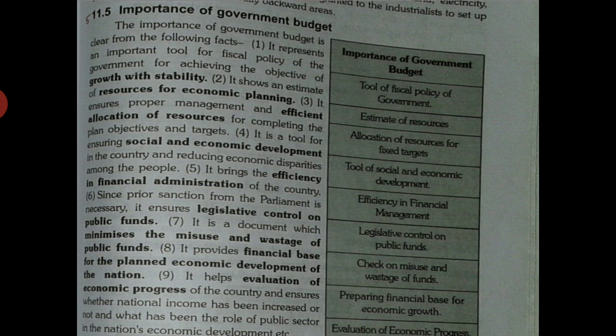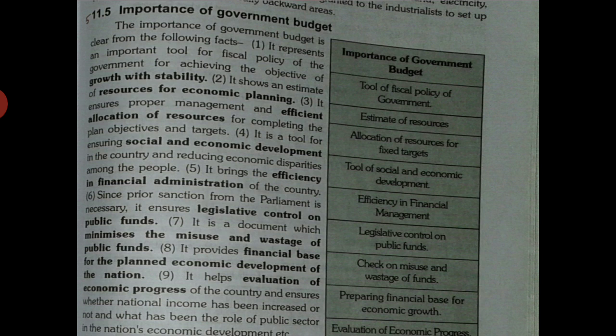Then we can come to the importance of the government budget. You have to write it in points. It represents an important tool for the fiscal policy of the government so that growth and stability can be achieved. It estimates how the resources will be used for economic planning.